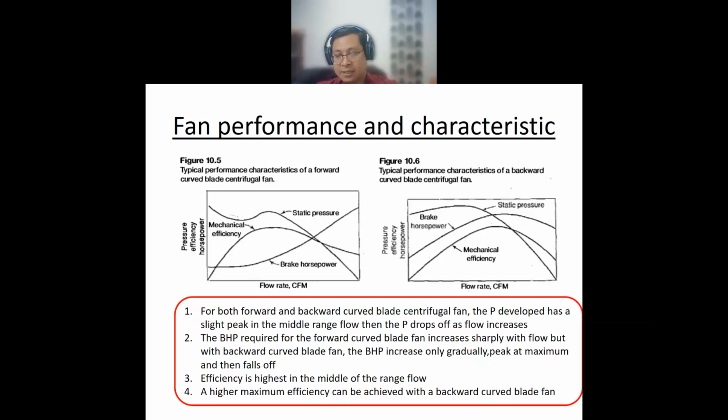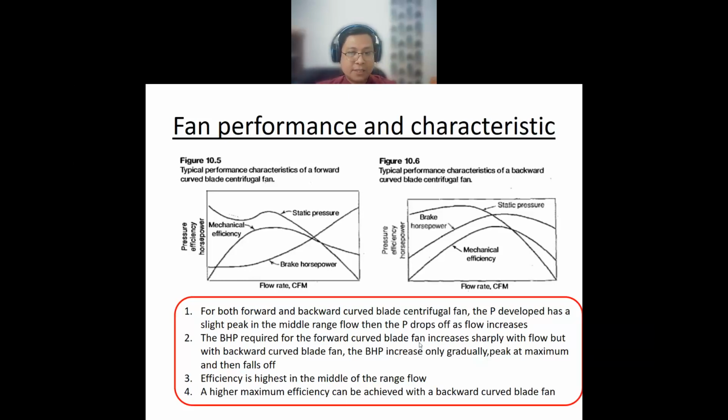So within 50% to 70% of mechanical work, we can meet all good performance. And for the forward curve blade centrifugal fan, maybe the good condition is also around 50%. That's how the characteristic of the fan will run.